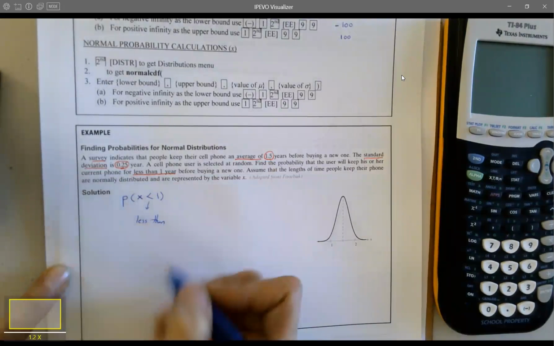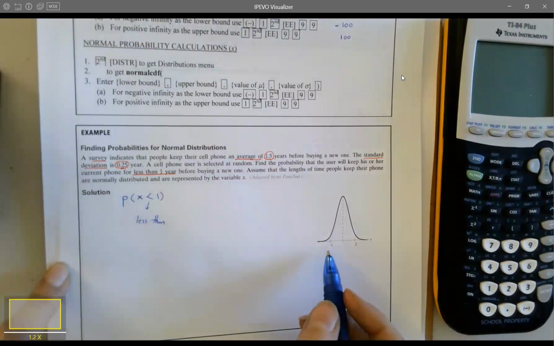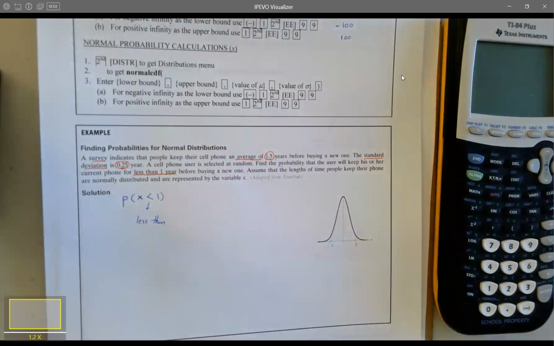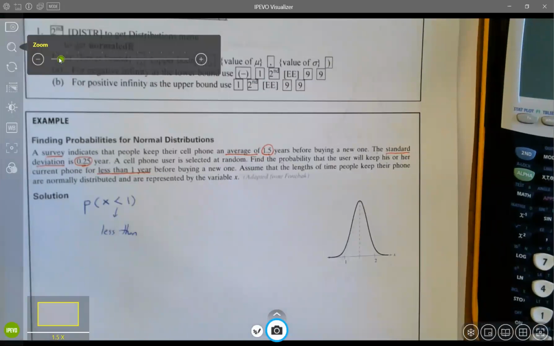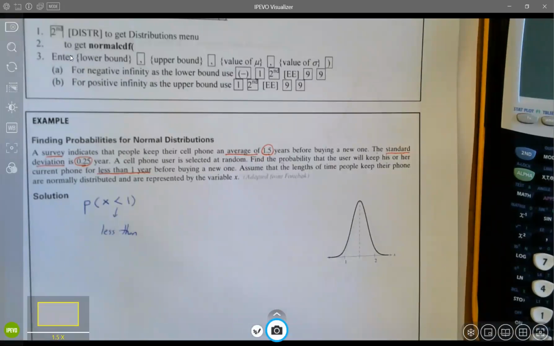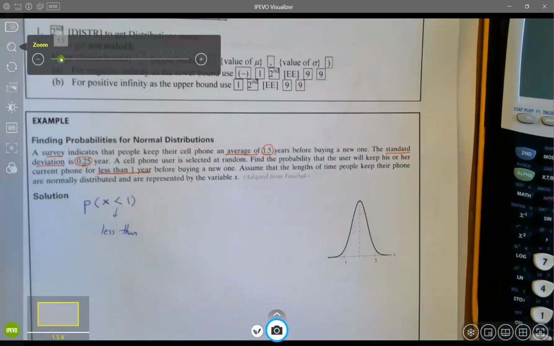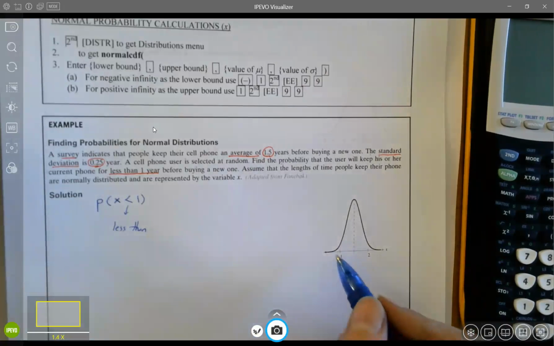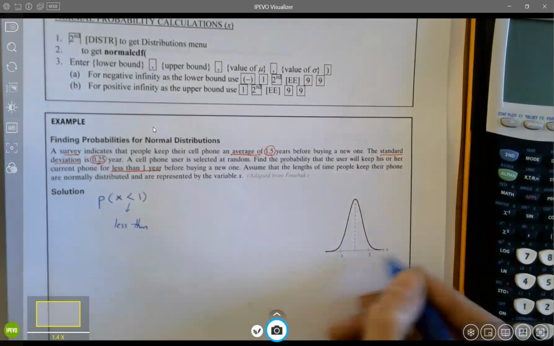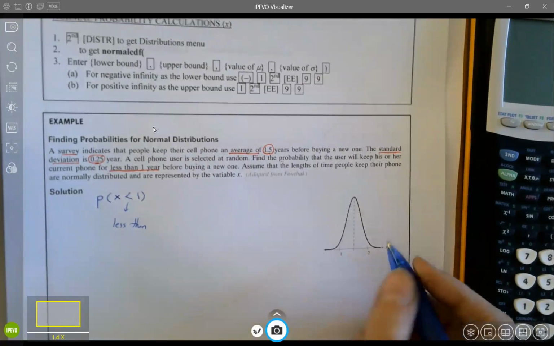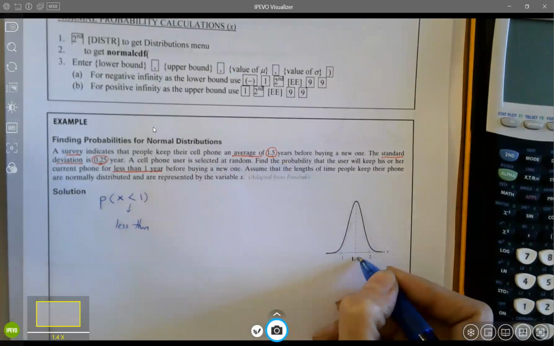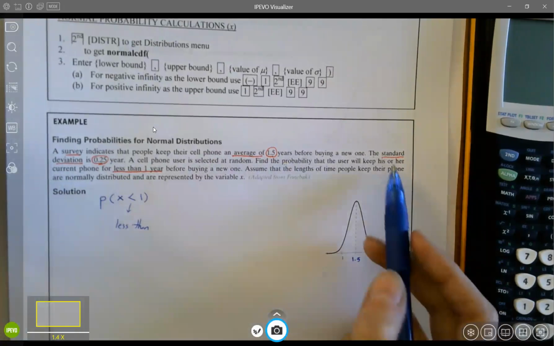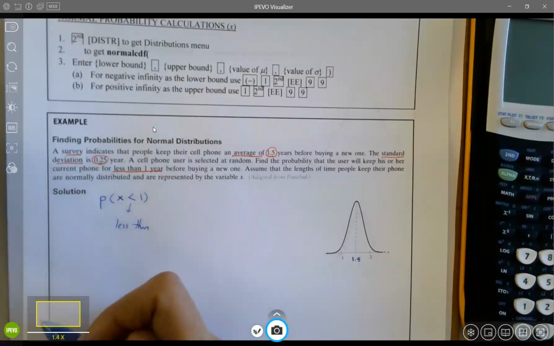Less than. Well, let's take a look at our normal distribution. This is our normal distribution, and here we have the mean, which is 1.5. 1.5 is in the middle, and the standard deviation is 0.25.